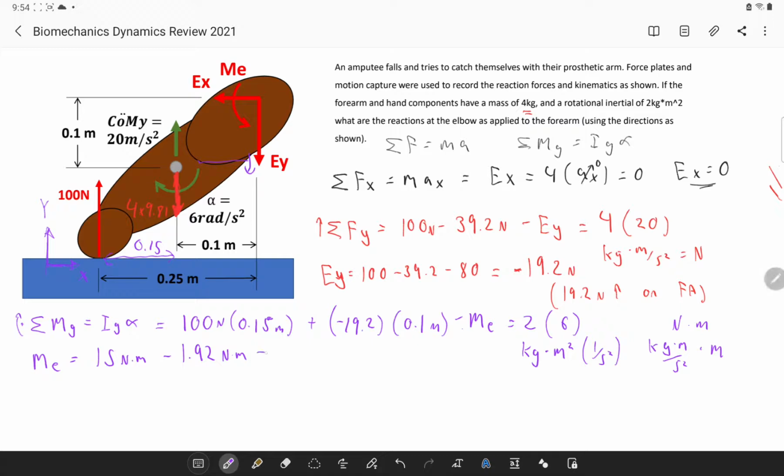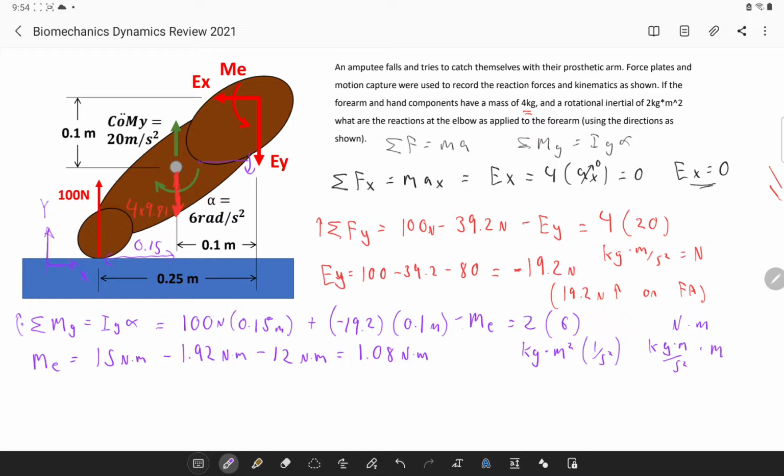So I'm saying minus 12. And we just established that that is newton meters. And so we can add all those up, or really subtract the 2 points from our 15. And that should give us 1.08 newton meters.